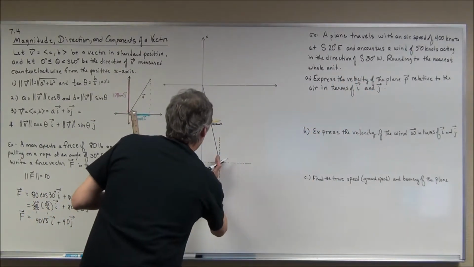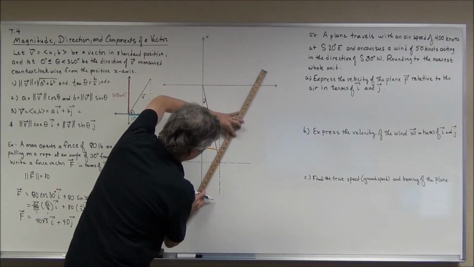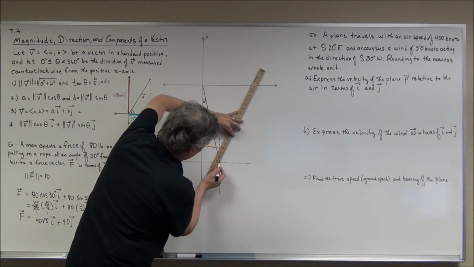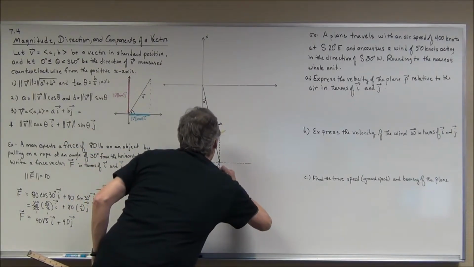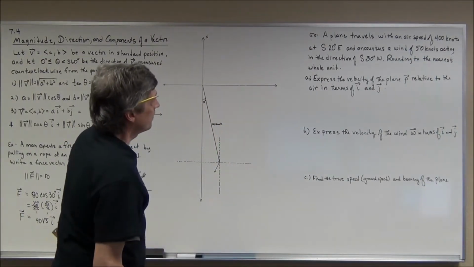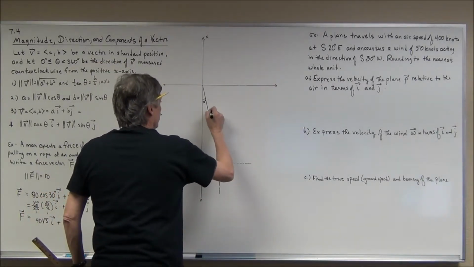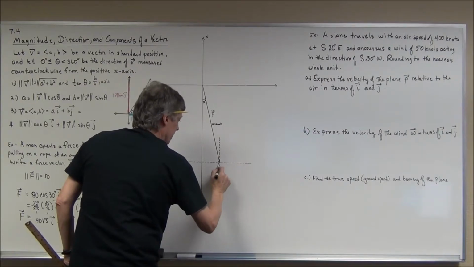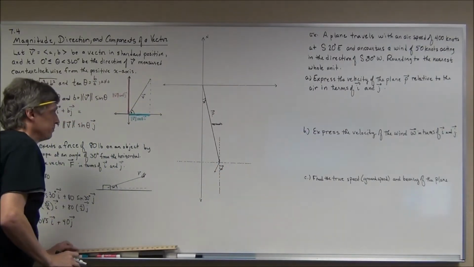Let's see, approximate this, that's maybe too much. That could be about 30. And that's this guy right here. Now this was, well, we didn't give it a name. This would be vector P, this is the plane here. And this would be vector W, as that's the wind that's blowing on it.